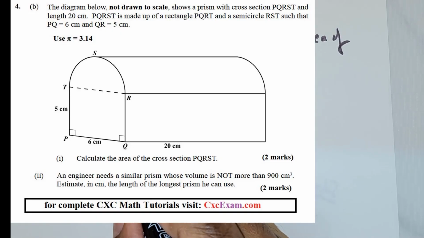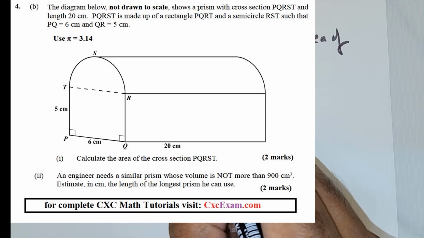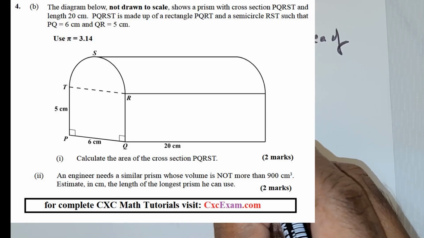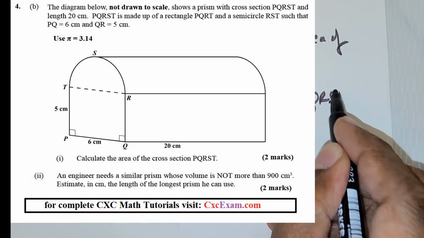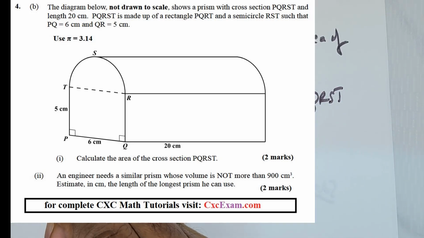We are given the following figure. It's actually a prism with a cross section of PQRST, and the length is 20 cm.